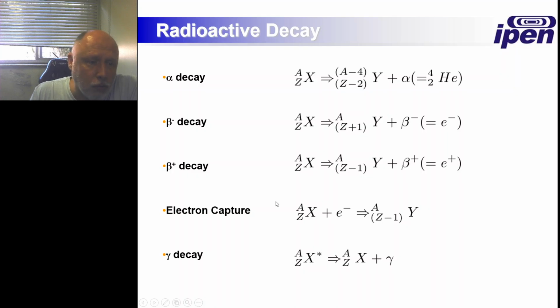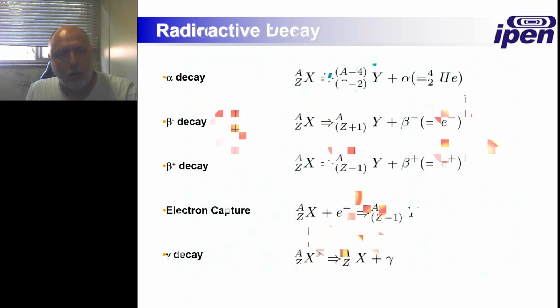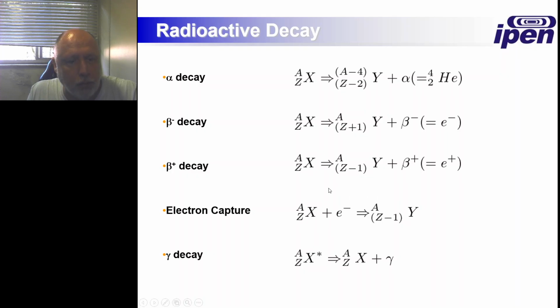And the electron capture, well, the electron will interact with a proton, turning it into a neutron, right? Because we had one less charge here, we must have one less charge here. And once again, the outcome is the same as beta plus, the only difference being that you have no positron emission in this case. One important thing: in electron capture, it will capture one electron of one of the inner orbits.